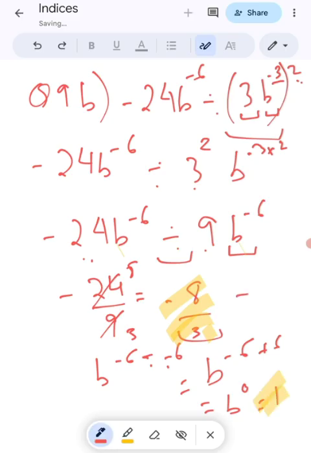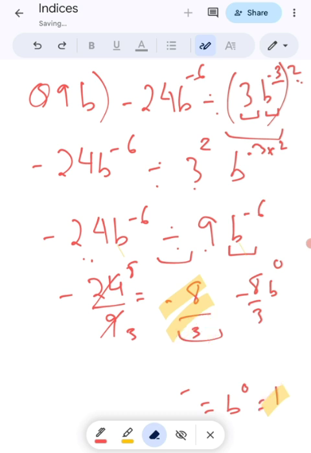So minus 8 upon 3 and b raised to the power 0, which means minus 8 upon 3 multiplied by a 1, which means a minus 8 upon 3. Okay, let's do part C now.